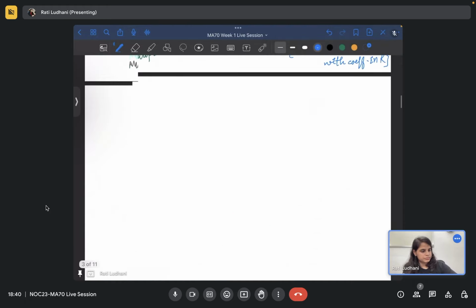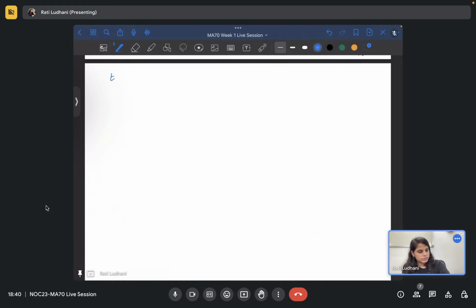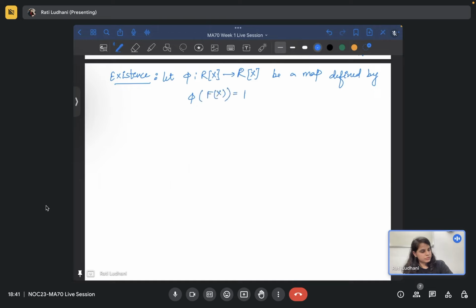Okay, so in terms of existence, you define phi to be a map from R[x] to R[x] defined by phi of f(x) is equal to f(ax plus b).